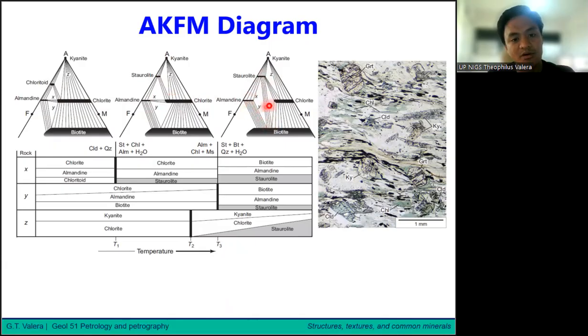So at this metamorphic grade, yung mineral assemblage ni X changes from chloritoid, almandine, chlorite to something more like staurolite, almandine, and biotite. Okay?